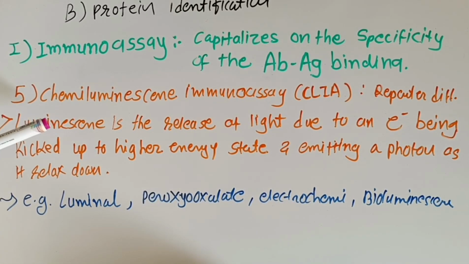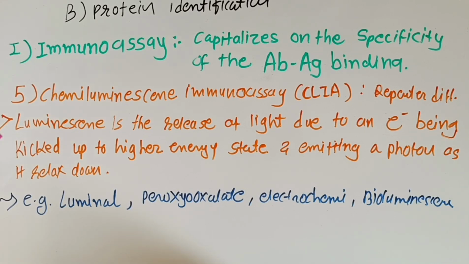Next, chemiluminescence immunoassay, defined as CLIA. This has a similar principle or mode of action as we discussed for enzyme linked immunosorbent assay or fluorescent immunoassay, but the reporter is different.